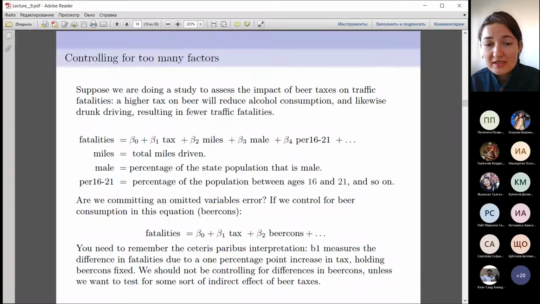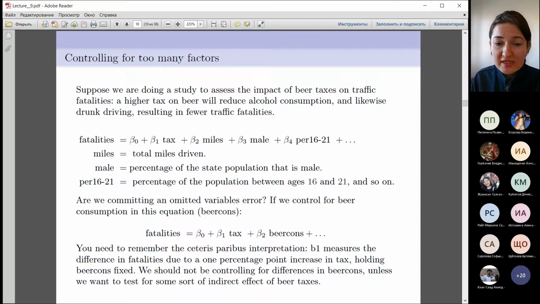How would beer taxes affect traffic fatalities if we hold beer consumption fixed? So we understand that beta 1 here measures the difference in fatalities due to a 1 percentage point increase in tax. And in this case, we should not be controlling for differences in beer consumption unless we want to test for some sort of, let's say, very strange and maybe indirect effect of beer taxes.